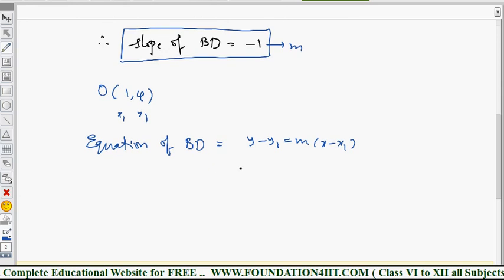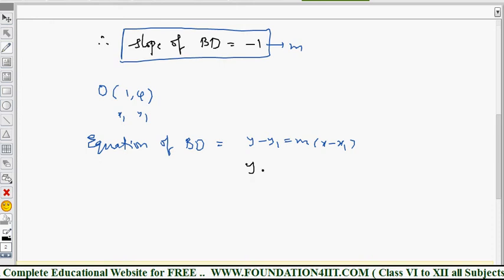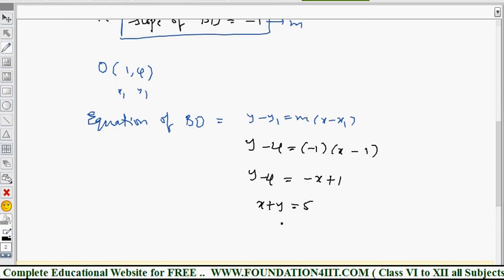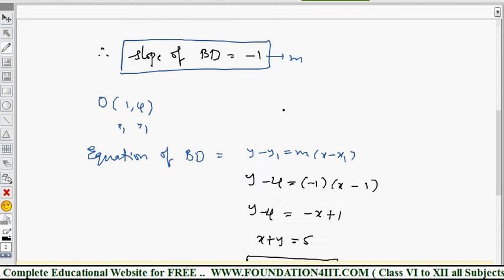So y minus 4 equals minus 1 times (x minus 1). Simplify: y minus 4 equals minus x plus 1. Then x plus y equals 5, or x plus y minus 5 equals 0. So this is the equation of the line BD. Right? So we can solve in that way.